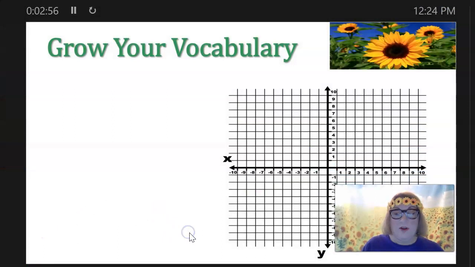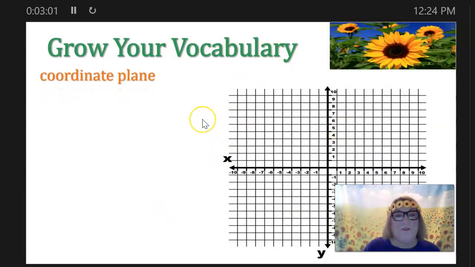The first vocabulary word we're going to talk about is coordinate plane, which is the graph you see in front of you. And it is a graph that's divided into 4 sections by 2 axis lines.